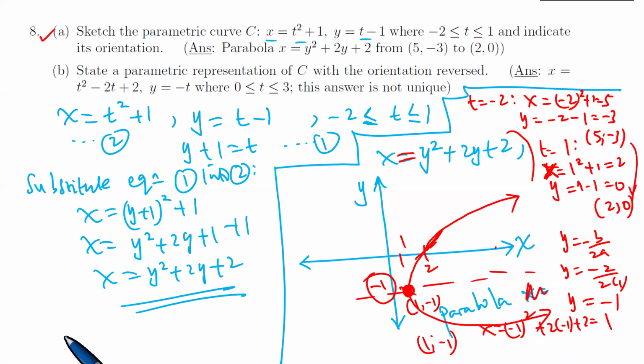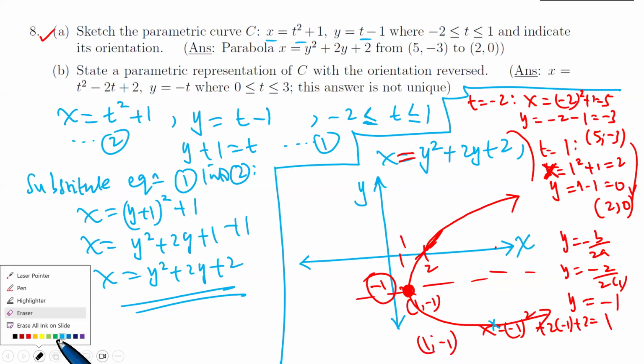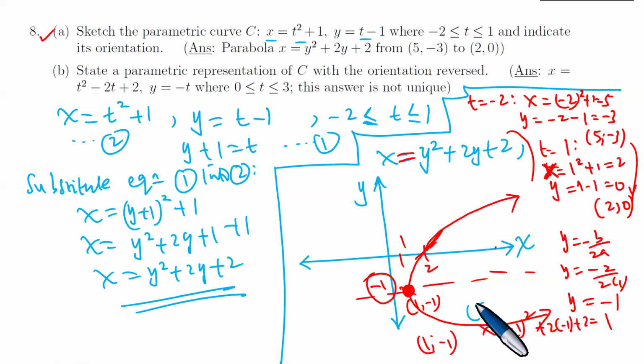Okay, so you need x is 5, y is minus 3, to x is 2, y is 0.